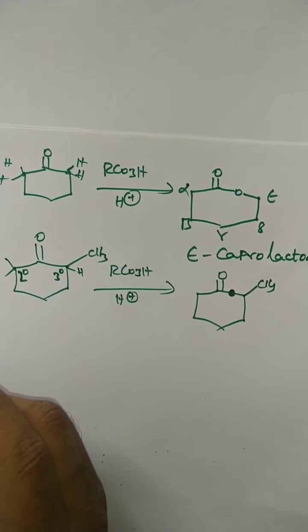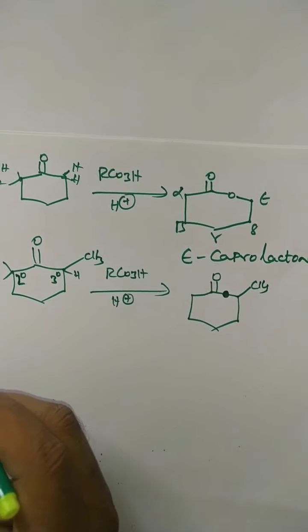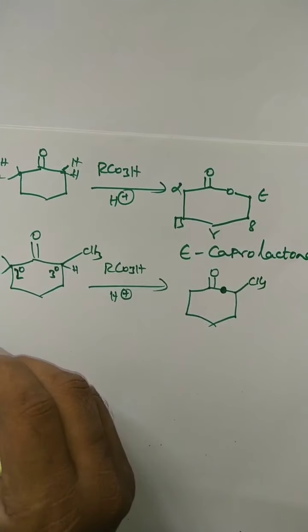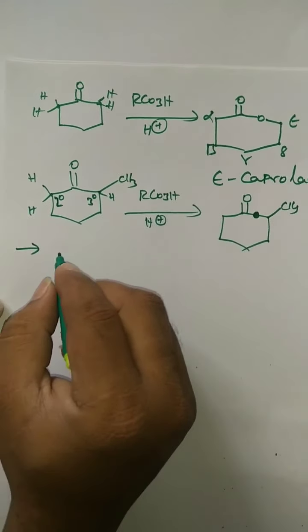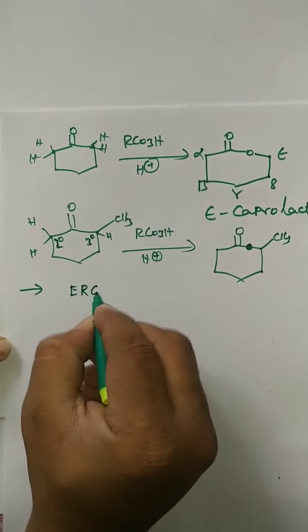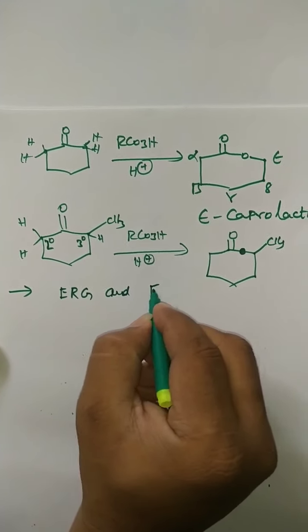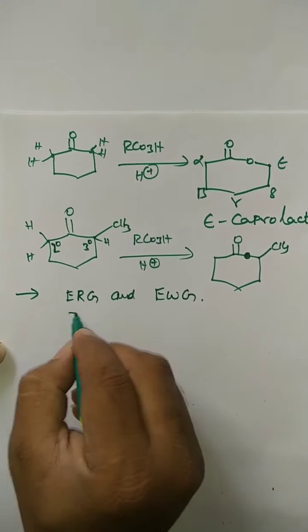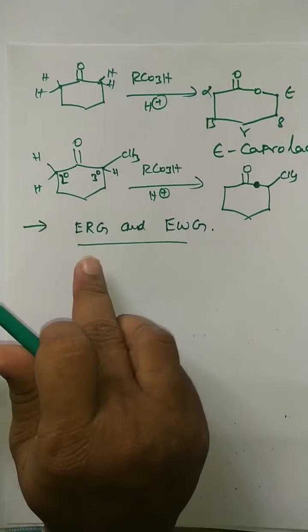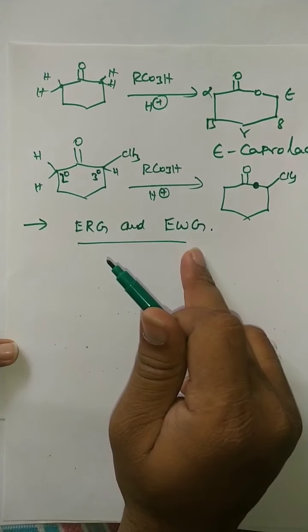Now here the thing is, suppose there are two types of groups. What are those? Electron releasing groups and electron withdrawing groups are given. Then competition arises: suppose on one side there is an electron releasing group, and on the other side an electron withdrawing group.